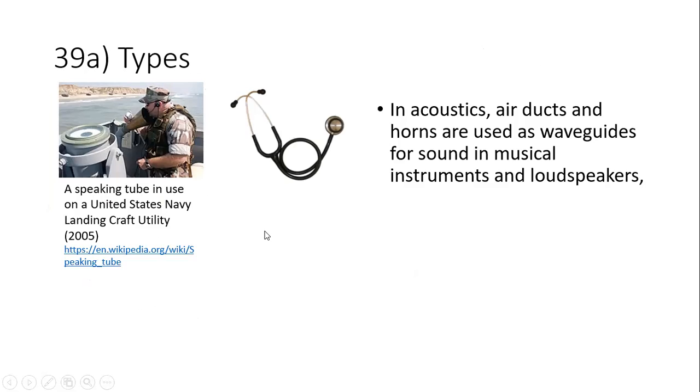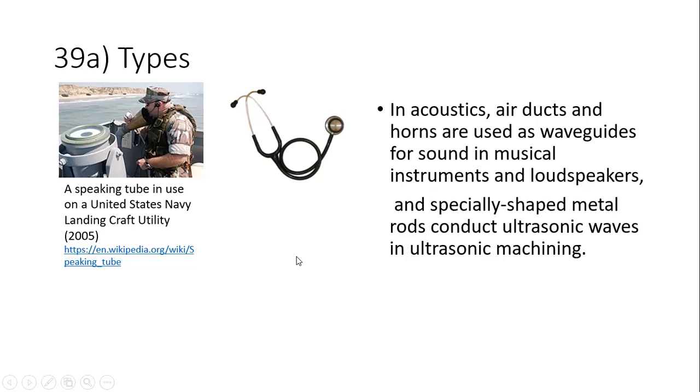In acoustic, that is your sound wave going into the cone there. Air duct, there's your air duct inside there. Are used as waveguide for sound in musical instrument and loudspeaker. Right? That's why you have the shape of your loudspeaker that way. Right? Cone there.